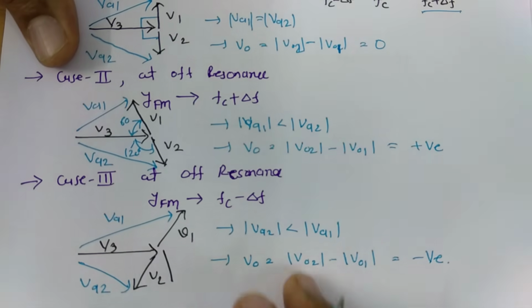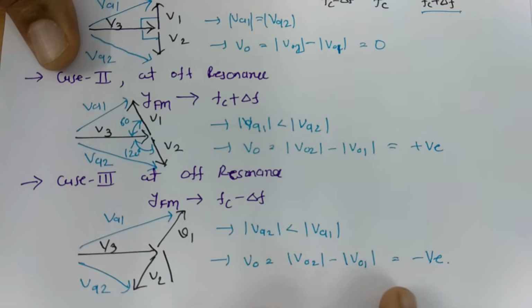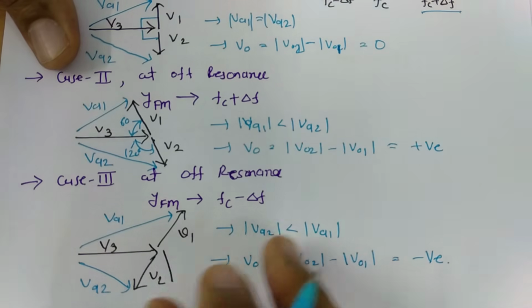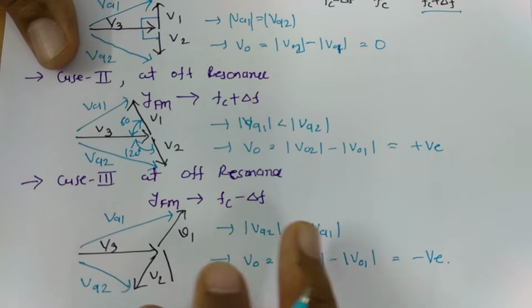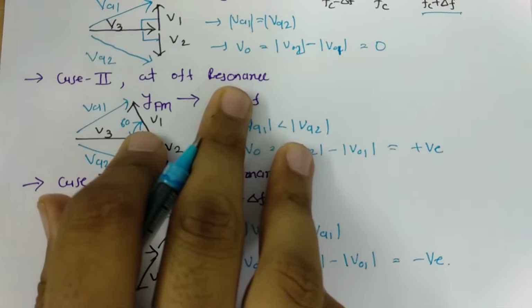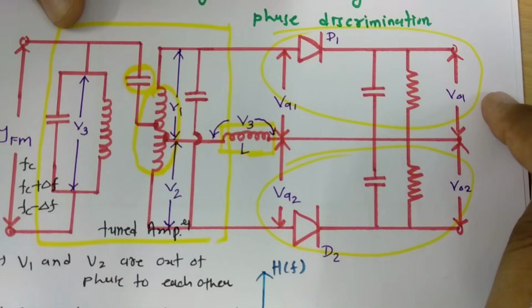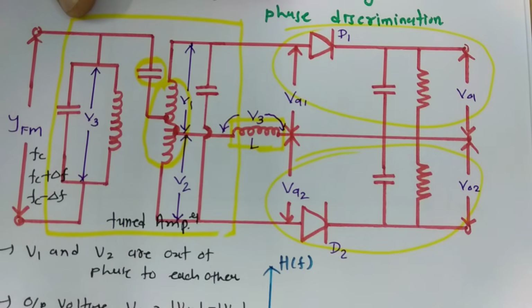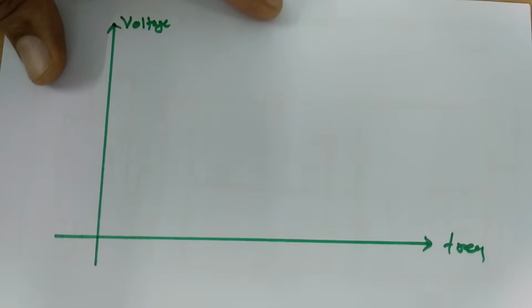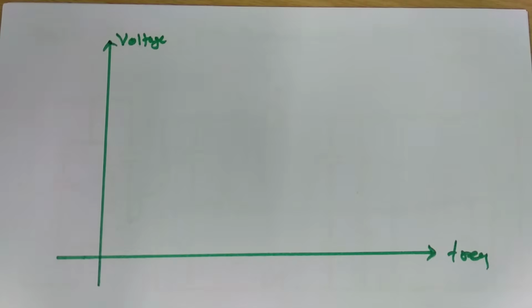So that is how the amplitude will change at the output side as the frequency is getting changed, and we will be able to extract the original information. So at the end you will be getting the modulated signal. Now let us try to understand that with respect to the phase diagram.